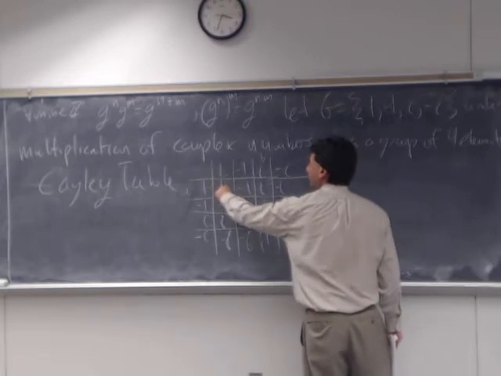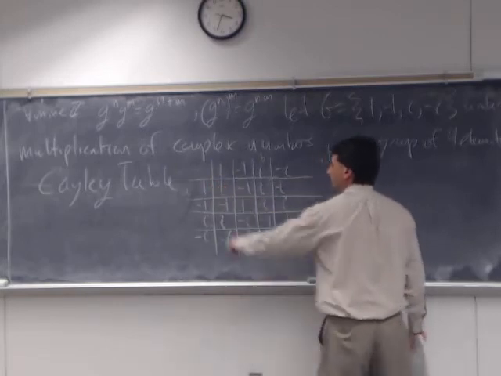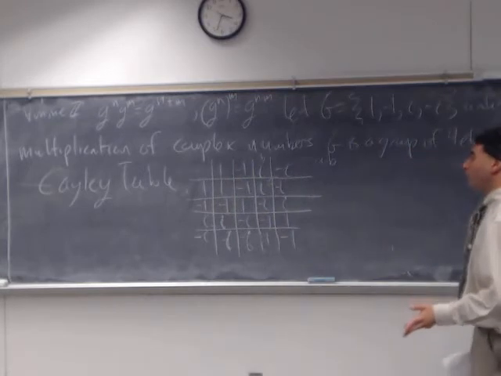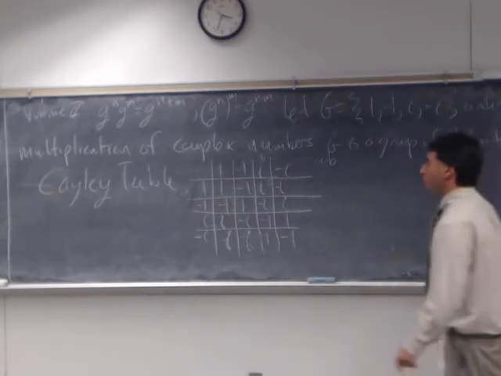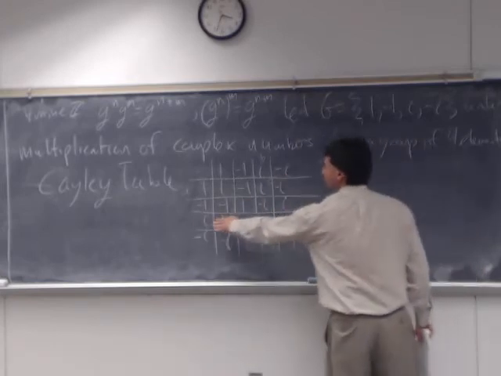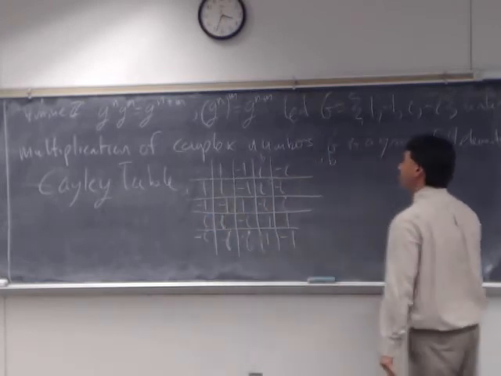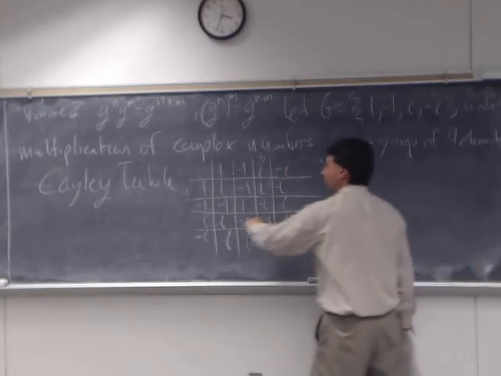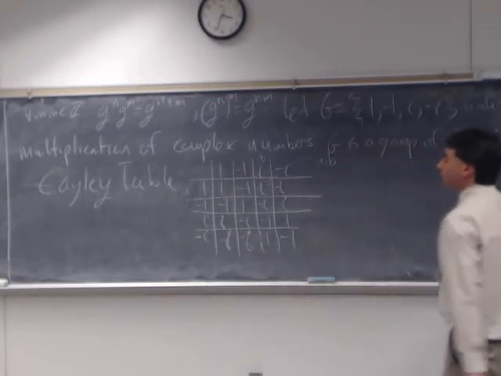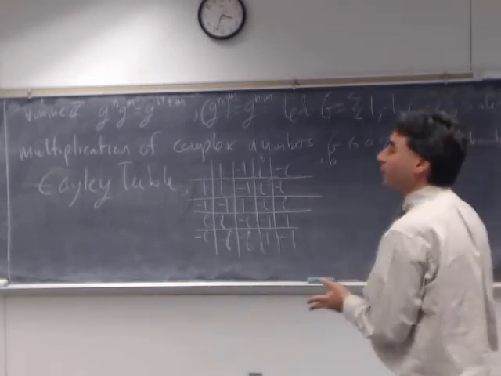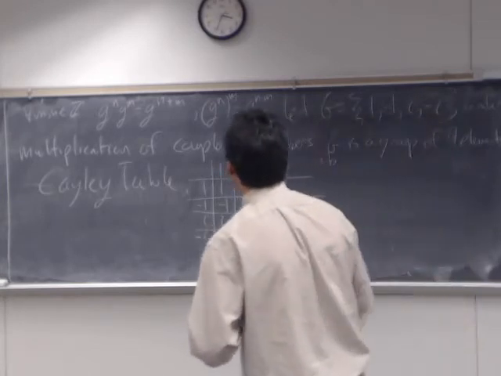The inverse of the identity is 1. Negative 1 times negative 1 is 1, so the inverse of negative 1 is negative 1. i times negative i is 1, so the inverse of i is negative i, and that same calculation shows the inverse of negative i is i. So all elements have an inverse. Is it associative? Well, we'll take that again as a property of complex numbers.